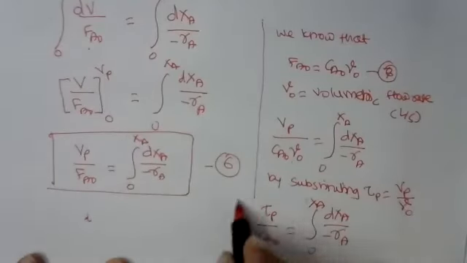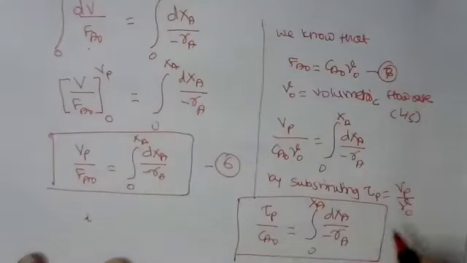So this is the second performance equation for a plug flow reactor. Consider this as equation 8.